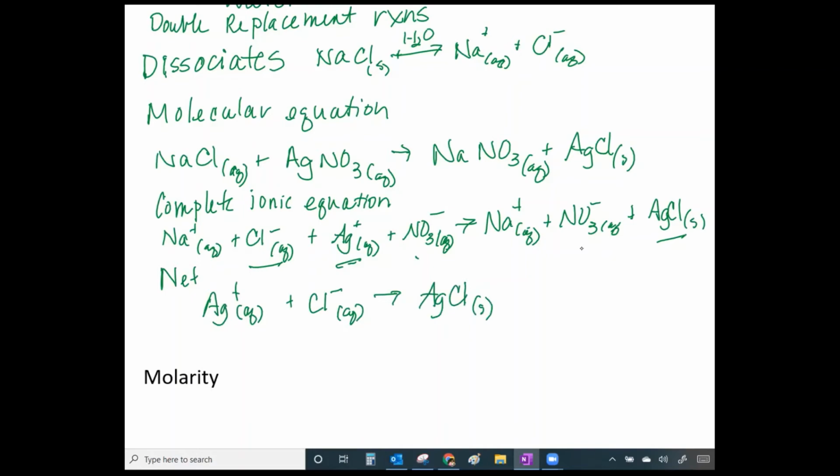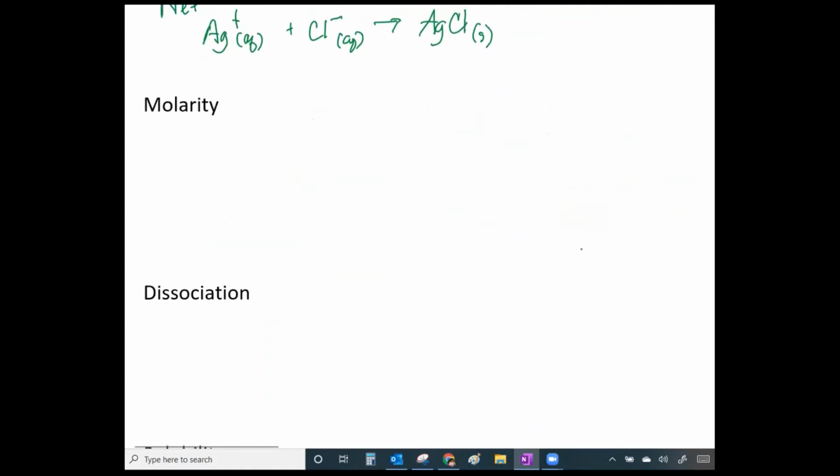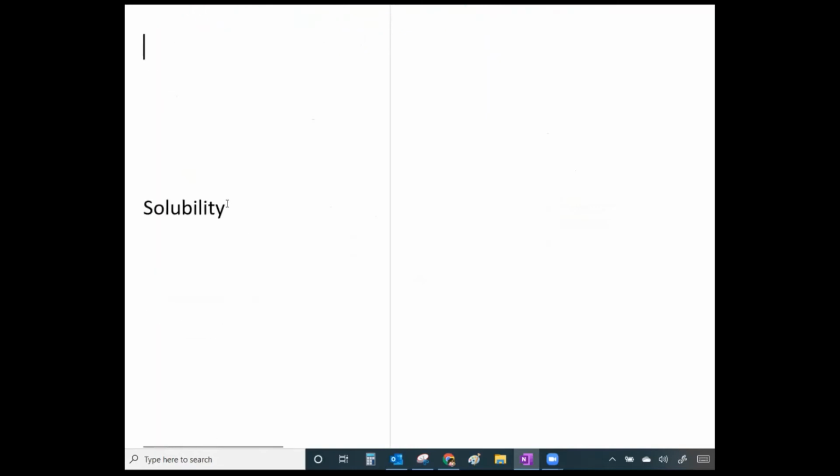Okay, and the way we figure out what is soluble is you have to be able to read a solubility chart. All right, so I'm going to remove that because we already talked about it.